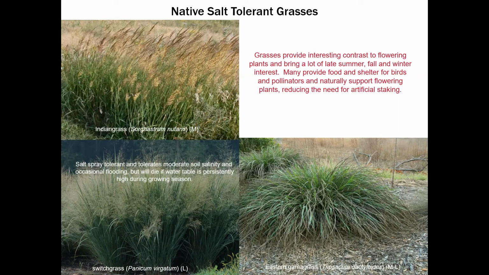The switchgrass in the lower left-hand corner, Panicum virgatum, has been used in extremely formal salt-tolerant landscapes. It's a very unique, very tall plant that keeps very upright, very formal looking, and it is beautiful. So it just really depends on your goals and what you want your landscape to look like.